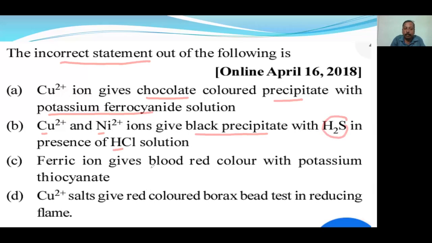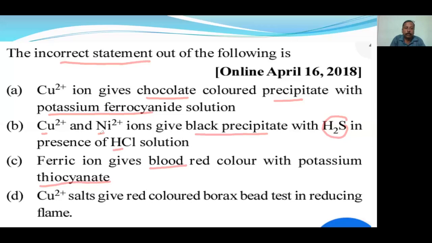Ferric ion gives a blood red color with potassium thiocyanate, and Cu2+ salt gives a red color in the borax bead test in reducing flame. Okay, so this is the question. Now you can try and tell me. You have to identify the incorrect one.